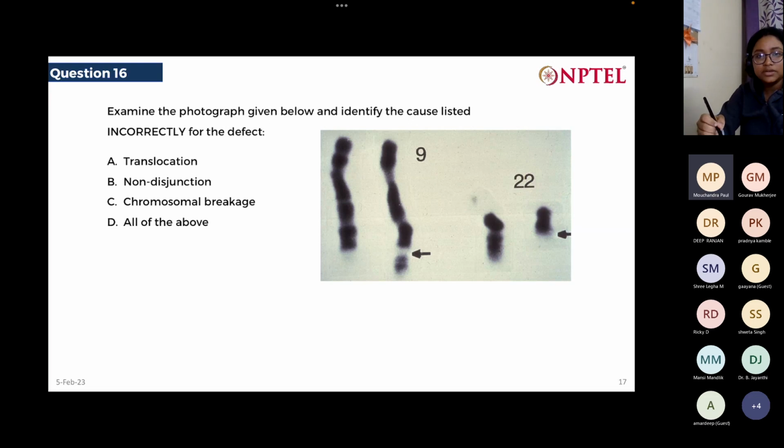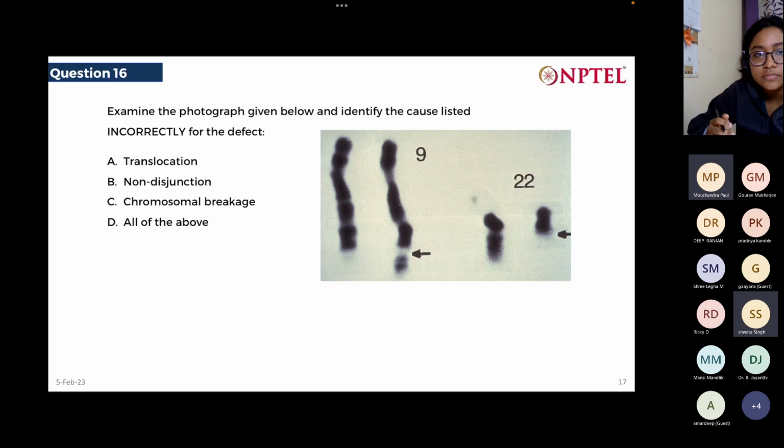What would be the correct answer here? You should first understand what this image is showing. If you understand that, then you can definitely understand what it is not showing, and that is the correct answer in this case.